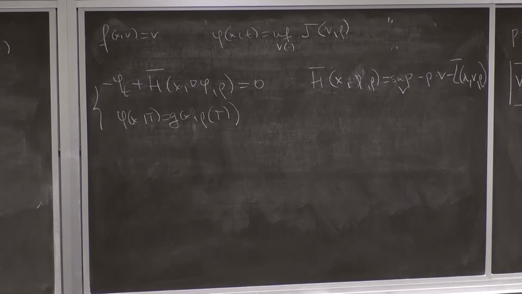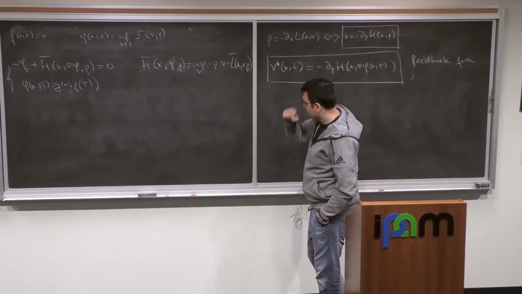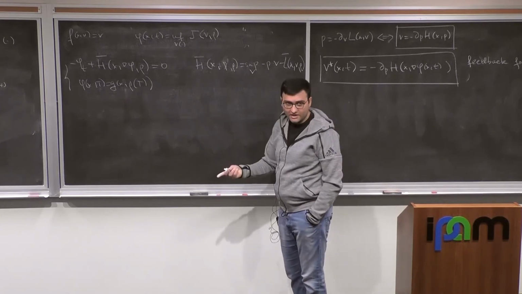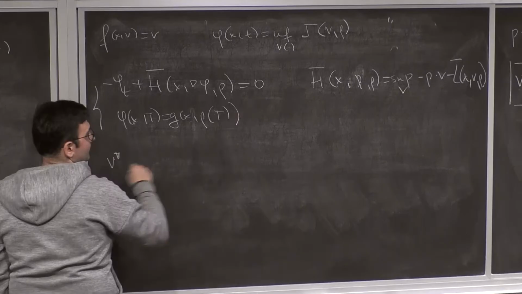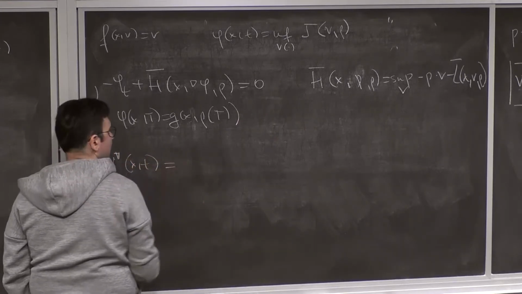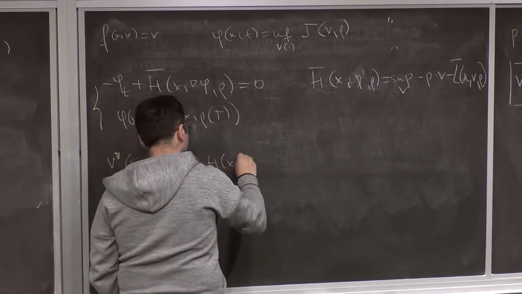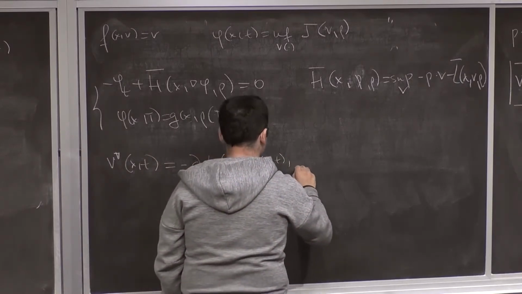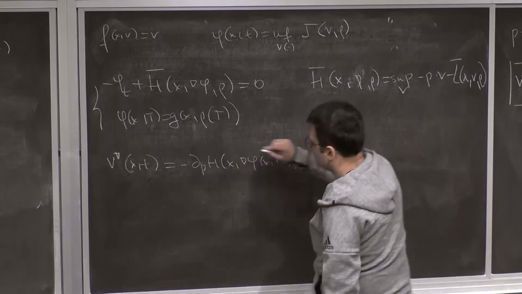Okay, so we have this Hamilton-Jacobi equation because rho is fixed. Now, let's try to understand what the optimal actions, V star, are. From the Pontryagin maximum principle that I have there, V star of x, t is equal to minus the derivative of H bar with respect to p, with rho again there as a parameter.